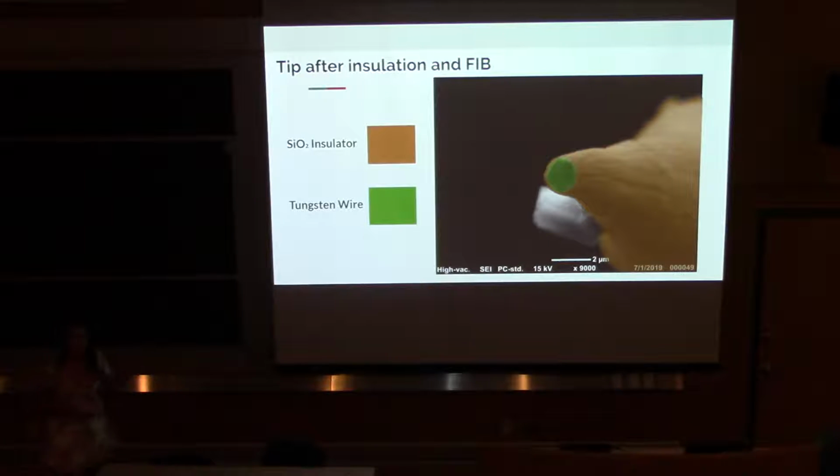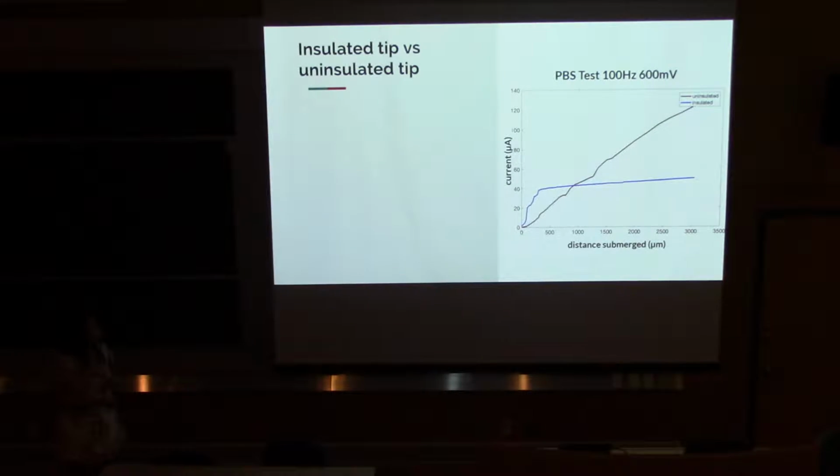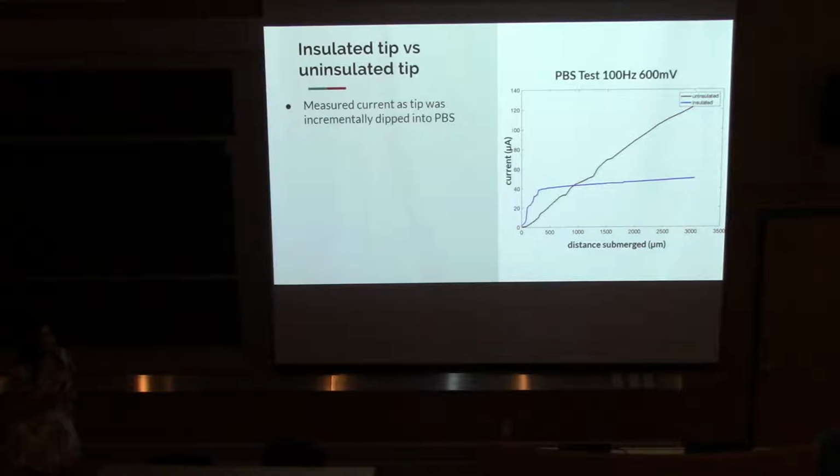And what we can observe from this image is that silicon dioxide has been effectively deposited onto our tip. However, in order to definitively ensure that our tip has been insulated, we measured current as the tip was incrementally dipped into phosphate buffered saline, and then did the same thing using an uninsulated tip to compare the two.